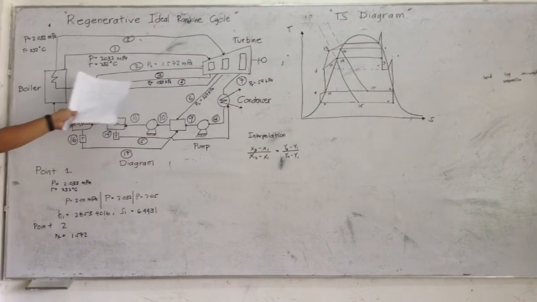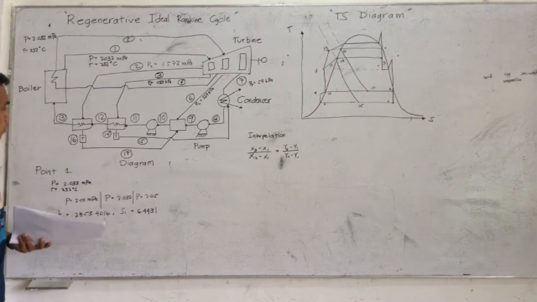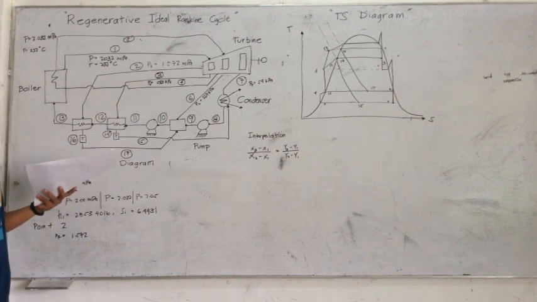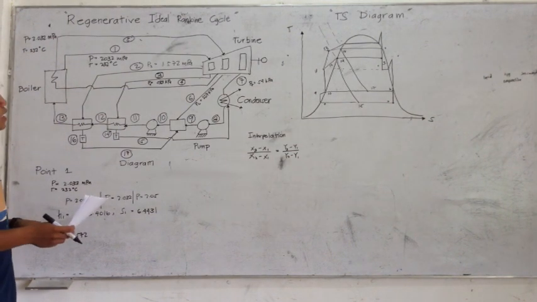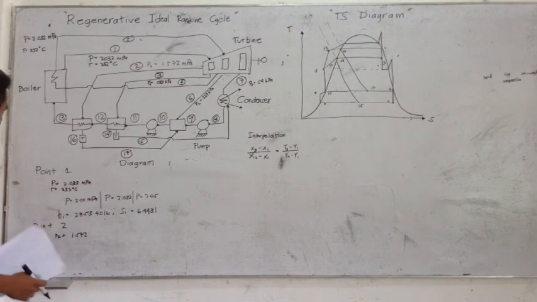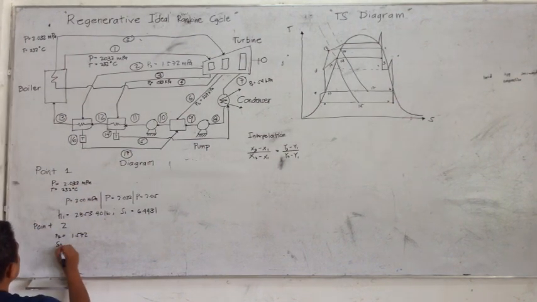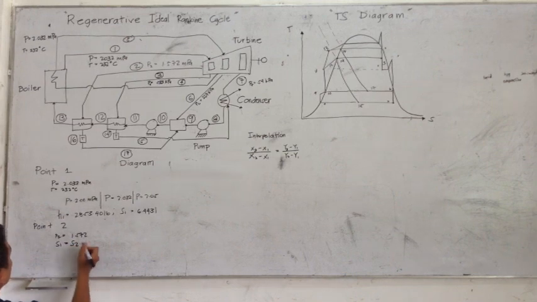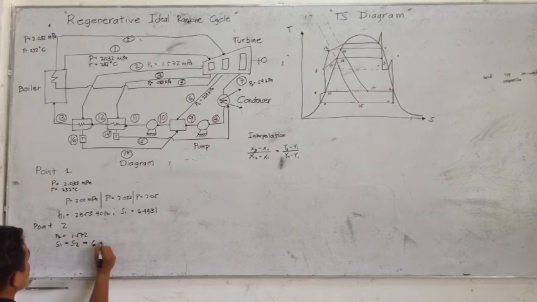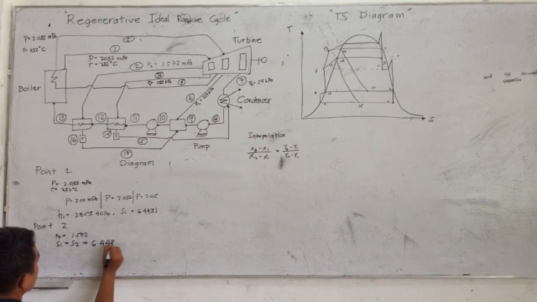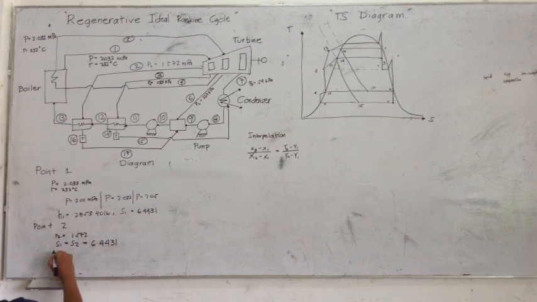So what is the constant here? We can directly conclude that S1 is equal to S2, which is 6.4431. The only missing part is H2.